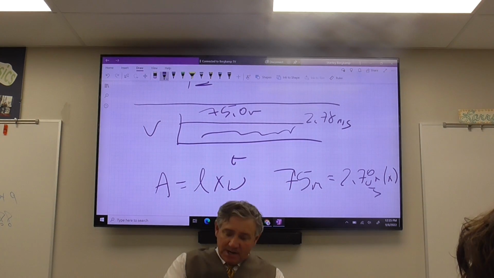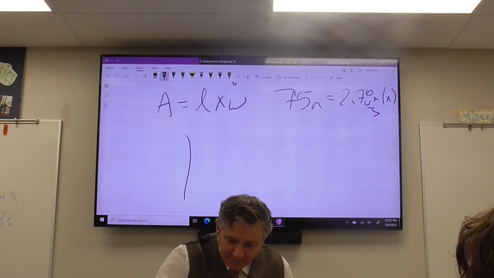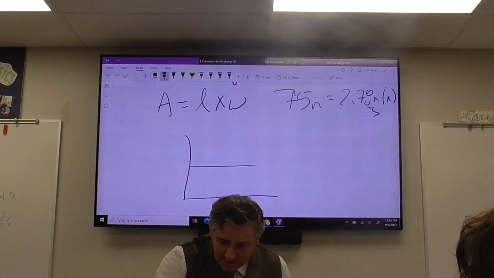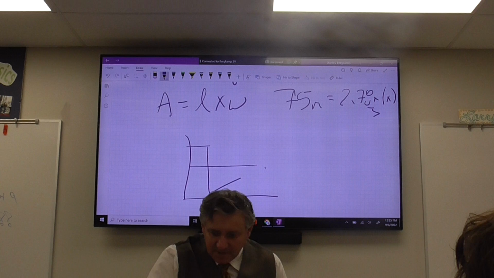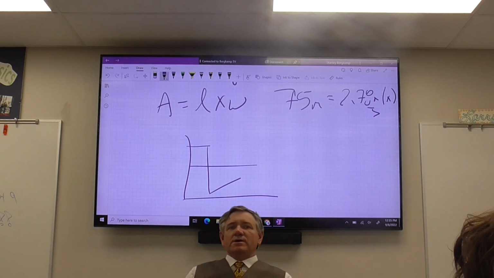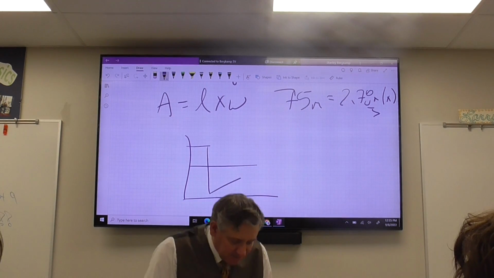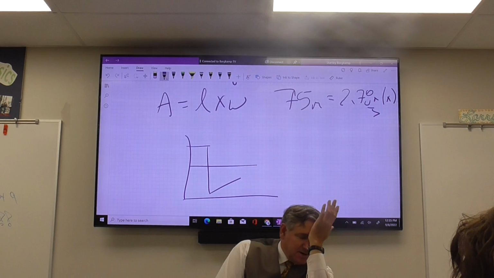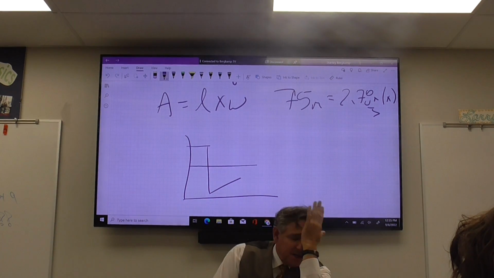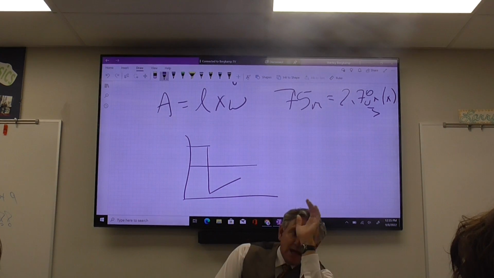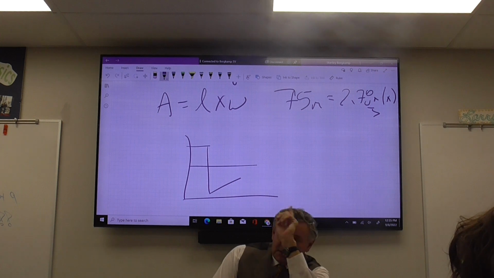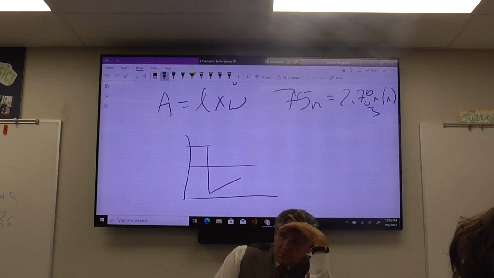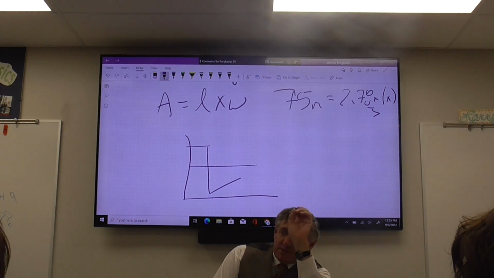So what I might do is give you a velocity time graph that looks something like this, and say, when does it undergo its maximum acceleration? Now, here's the kicker. When I'm talking about acceleration, am I only talking about something speeding up? No. So acceleration, what does that mean? What is changing?